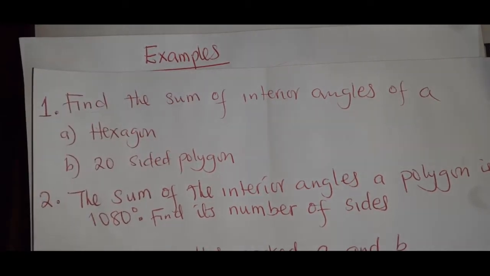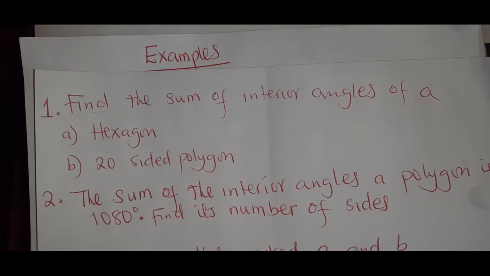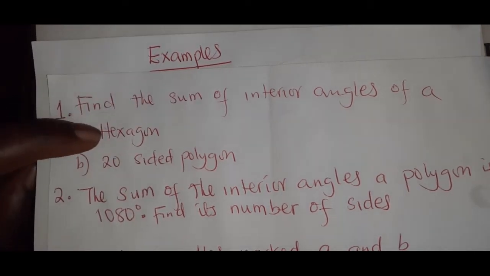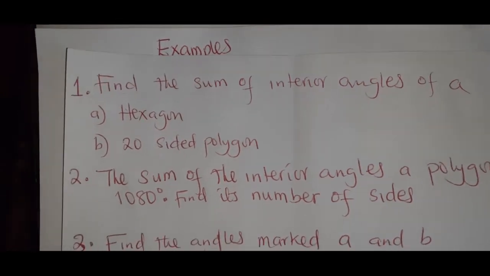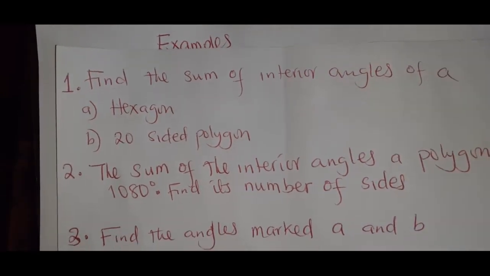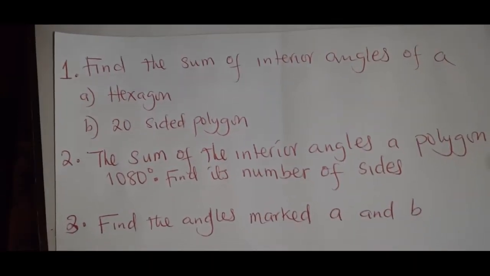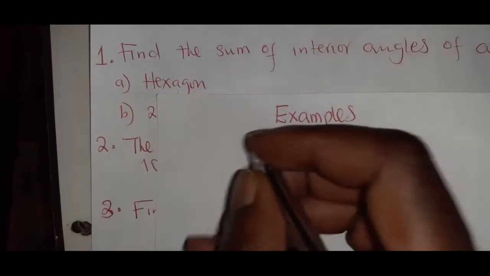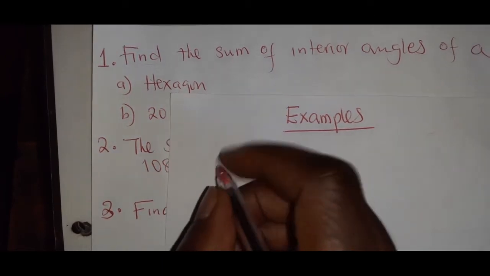Now, we are coming from the first lesson. Remember, this is lesson 2. So I'm sure you are familiar with these names. What is a hexagon? A hexagon is a 6-sided polygon.